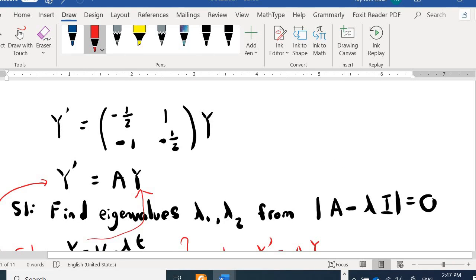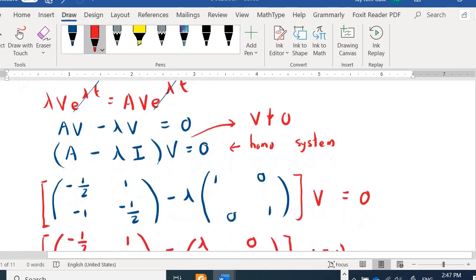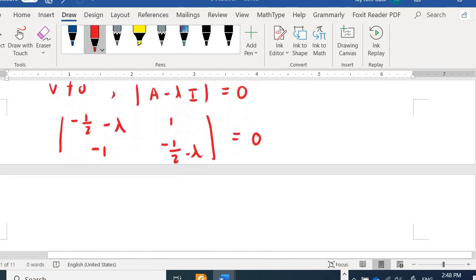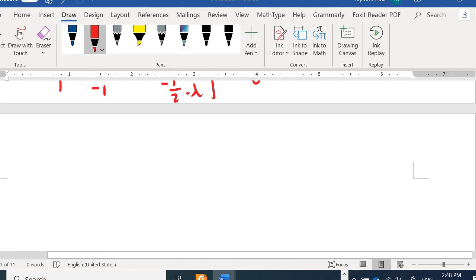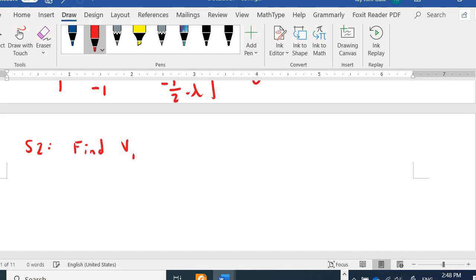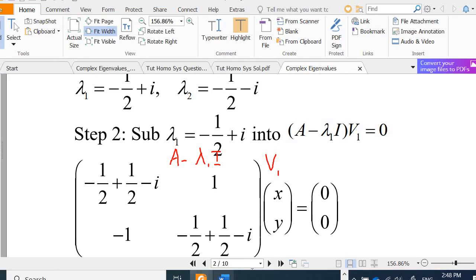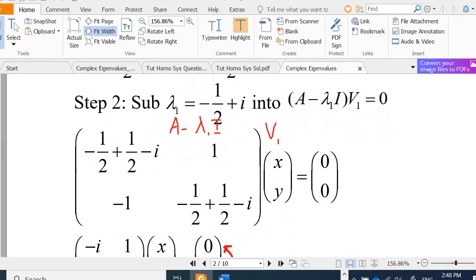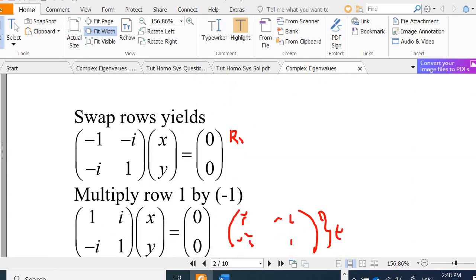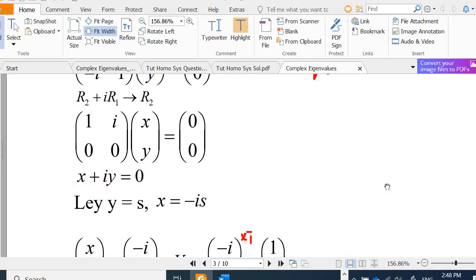To find the eigenvector, first you get your eigenvalue, and then later you find V1 from the homogeneous system A minus lambda 1 I, V1 equal to 0.